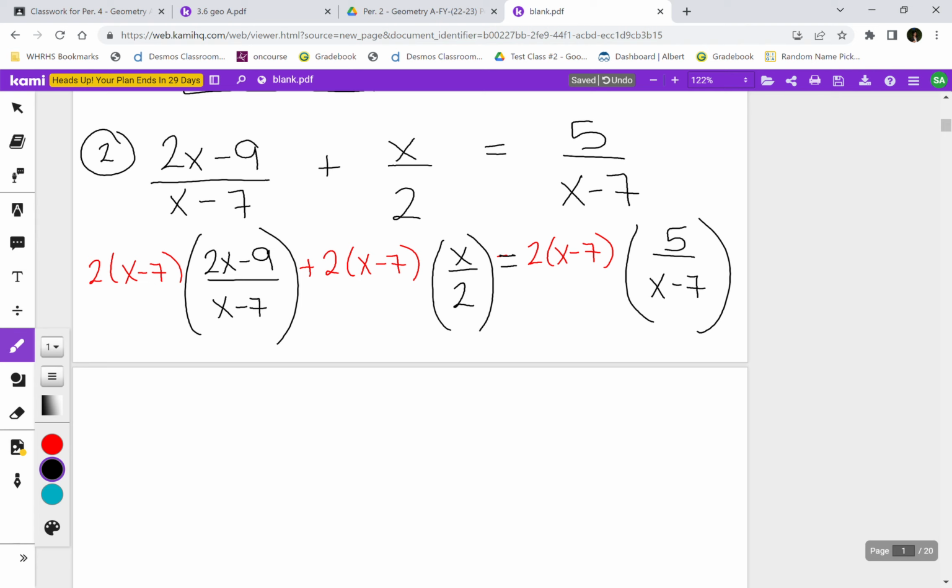Now your end game with all of these equations is to cancel out the denominator. So x minus 7 cancels. The 2 and the 2 cancel. The x minus 7 and the x minus 7 cancel.